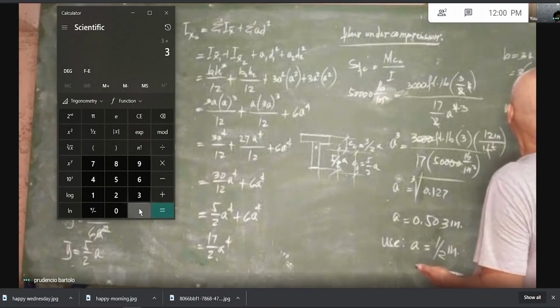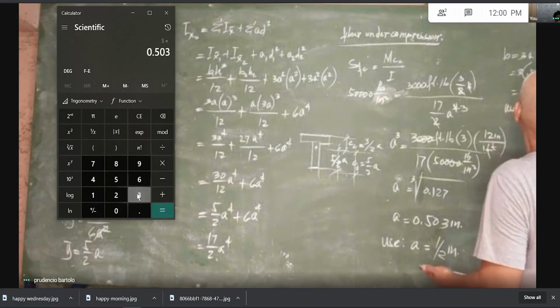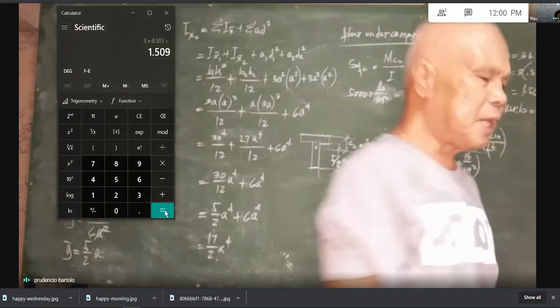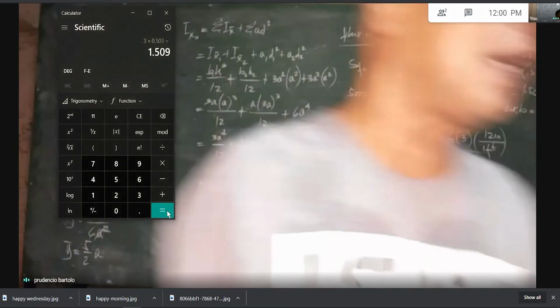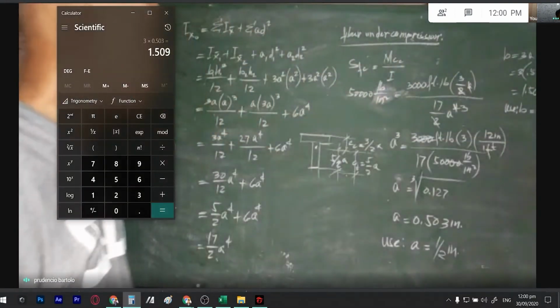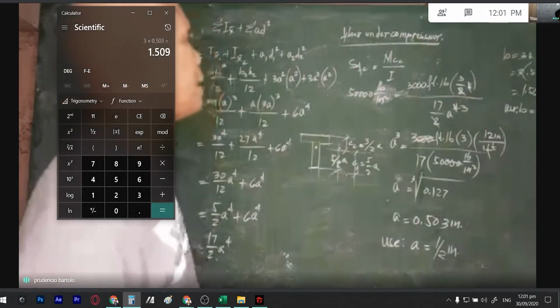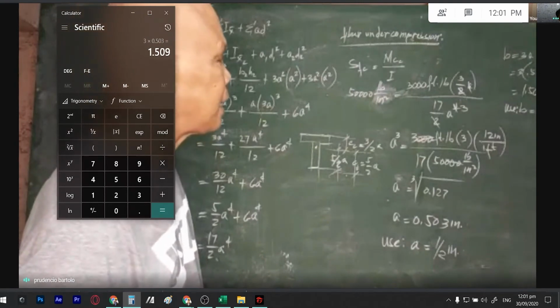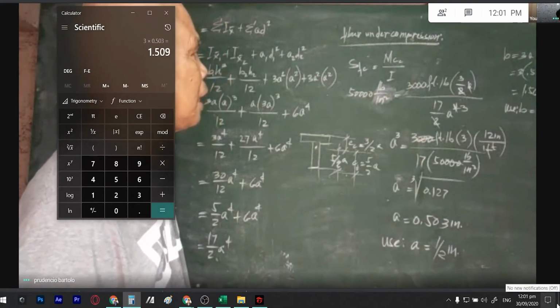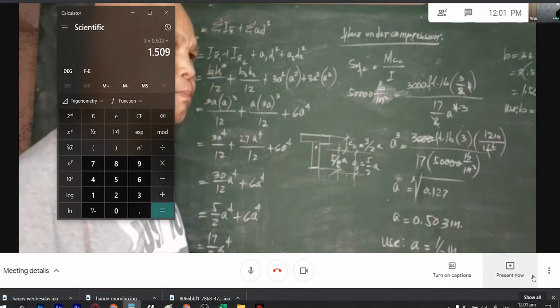So we use for B, that is within the range of 7/8 to 3. The denominator of the fraction of an inch is over 8. 1.509, lower value is 1.5.